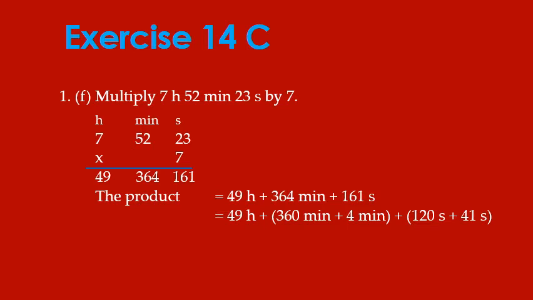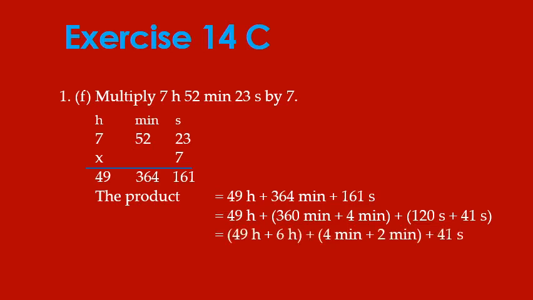49 hours plus 364 minutes, which is equal to 360 minutes plus 4 minutes. And 161 seconds is equal to 120 seconds plus 41 seconds. So now 360 minutes is equal to how many hours? Well, it is equal to 6 hours, and 120 seconds is equal to how many minutes? It is equal to 2 minutes.